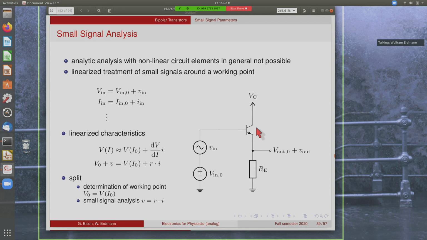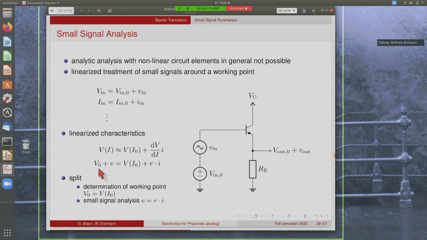And since we are talking about small changes, we can linearize the characteristics of our devices. So in this case of the transistor, when our input current is I0 plus little i, then the output will be the transfer function of the current plus the slope of the transfer function at that point multiplied by the change of the current.